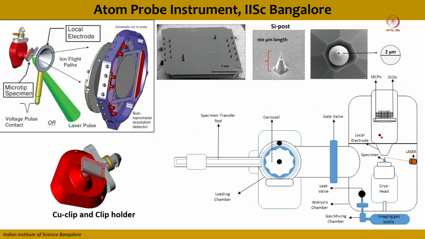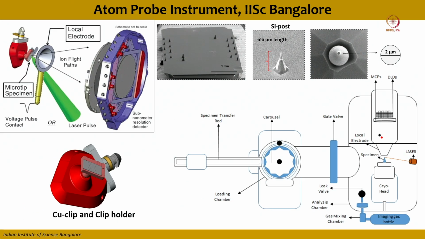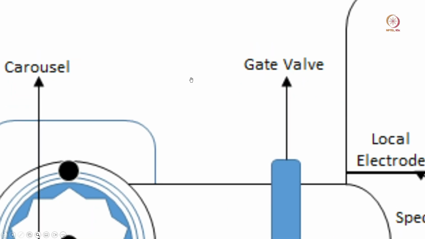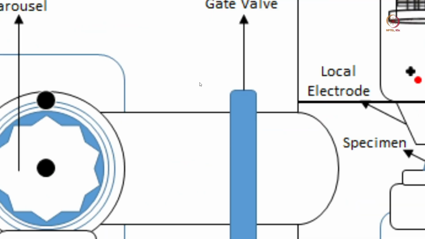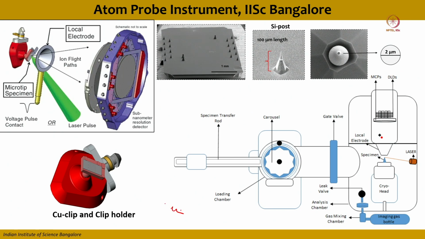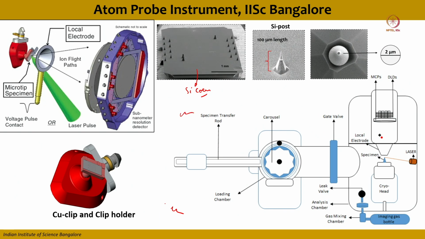Fine. So here I will briefly give you an overview of how the samples are kept. I will discuss this more when we get to sample preparation. These are called silicon coupons, and on these silicon coupons you can see some protrusions, which are called silicon posts.